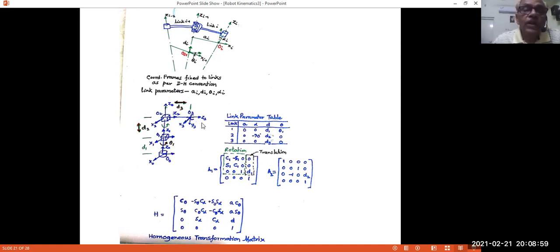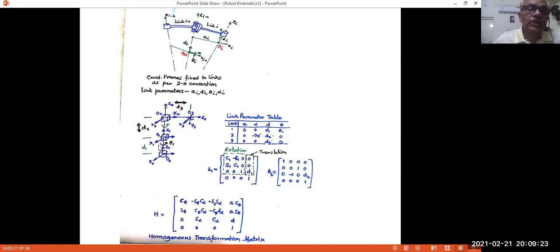Now, what is alpha_i? Alpha is the angle between Z_i minus 1 and Z_i, or Z0 and Z1, about X_i, which is X1. But both are collinear, so there is no angle. So alpha 1 happens to be 0. Then the only thing is theta.